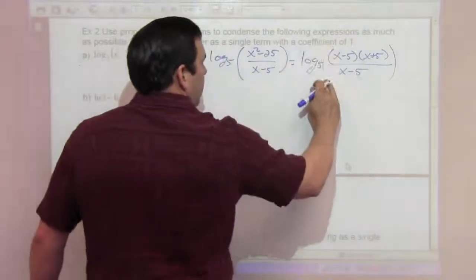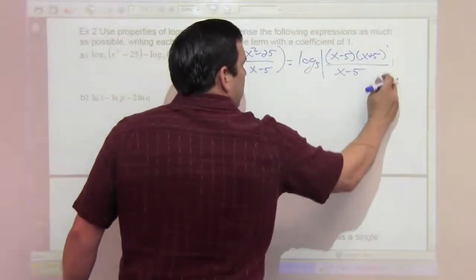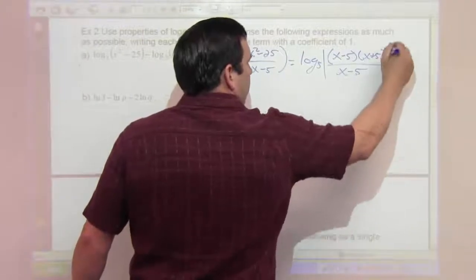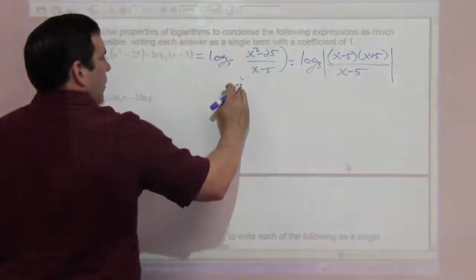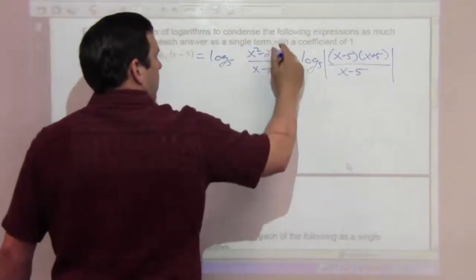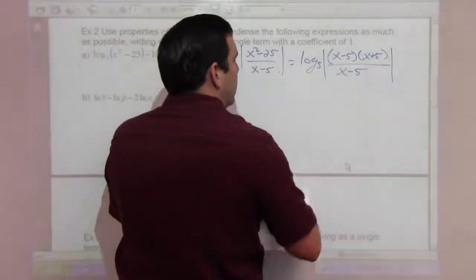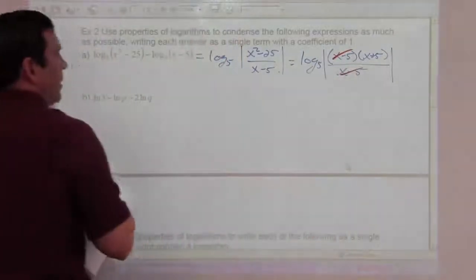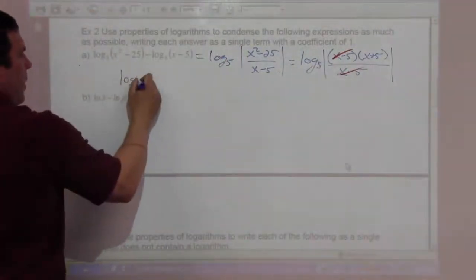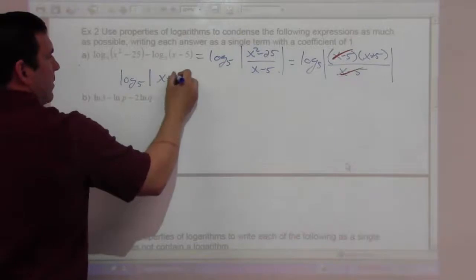I should do absolute values here because the term inside the log has to be positive, or I should say non-negative. And of course, the x minus 5's divide out. So this becomes log base 5 of the absolute value of x plus 5.